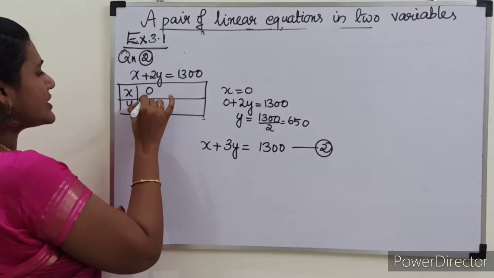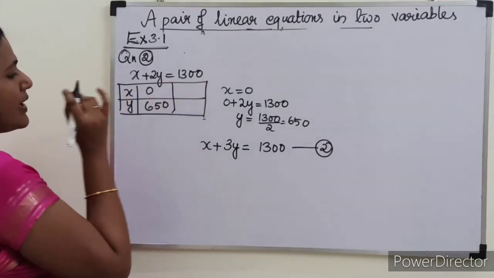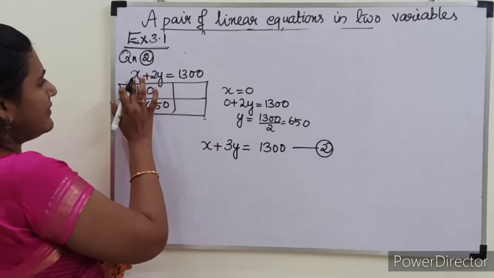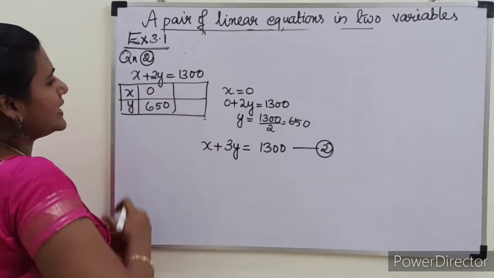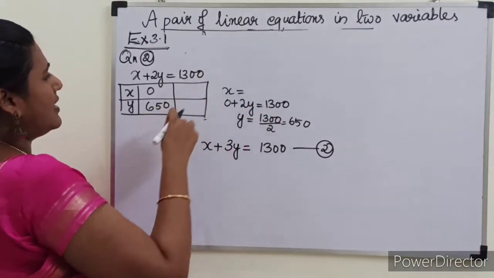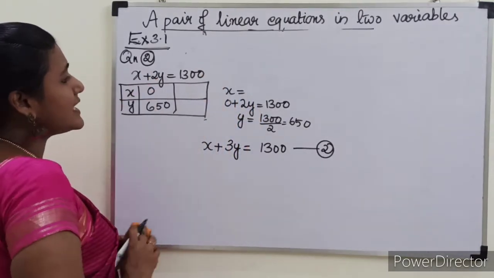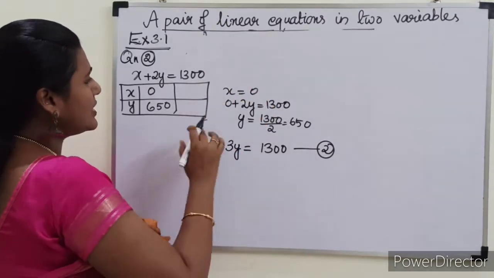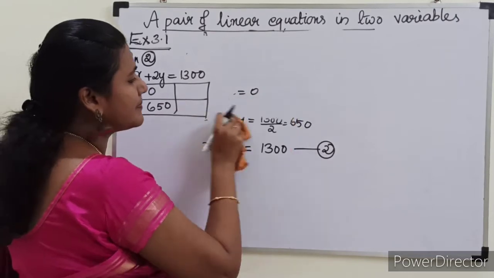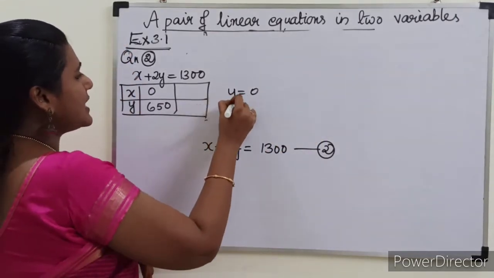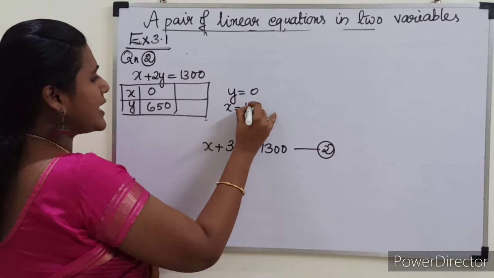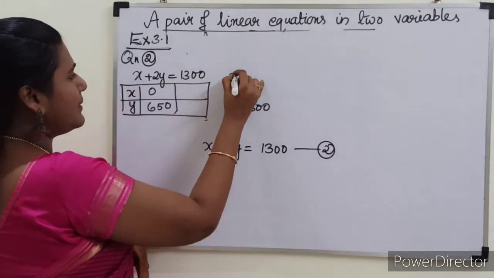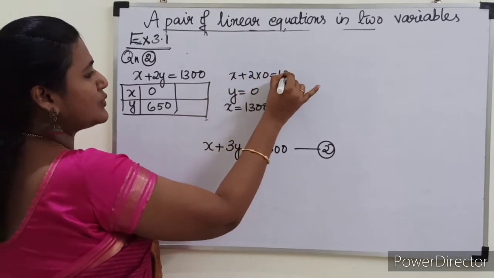So the first solution is x equal to 0, y is equal to 650. Now the second solution: if you take y equal to 0, then you will get x is equal to 1,300, because x plus 2 into 0 is equal to 1,300.